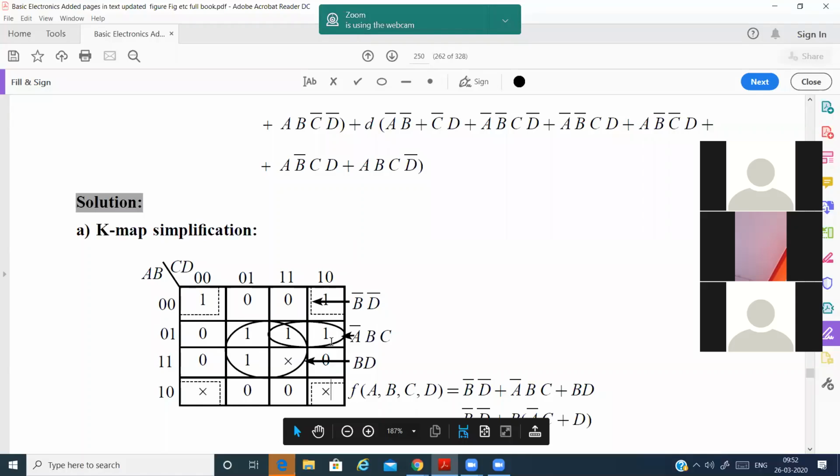Now again I cannot group with these 2 because this has already been shared with this. Any 2 groups can share only once. The third group cannot share the same group. This group cannot be shared with this group. 1 1 into don't care, don't care.